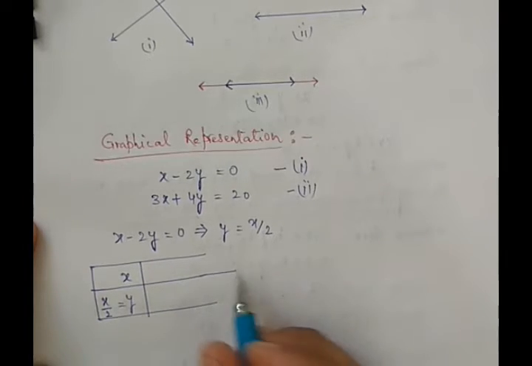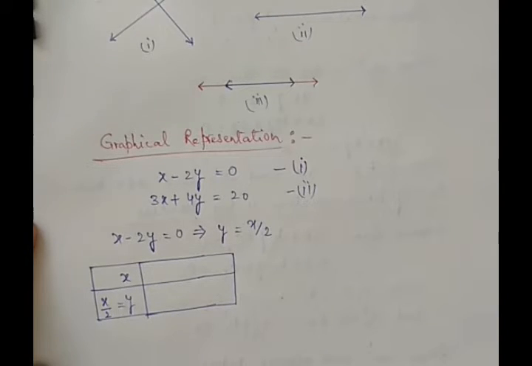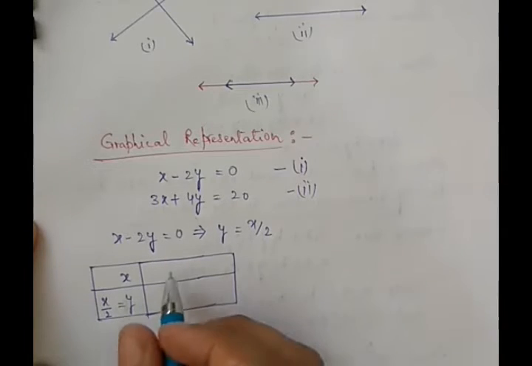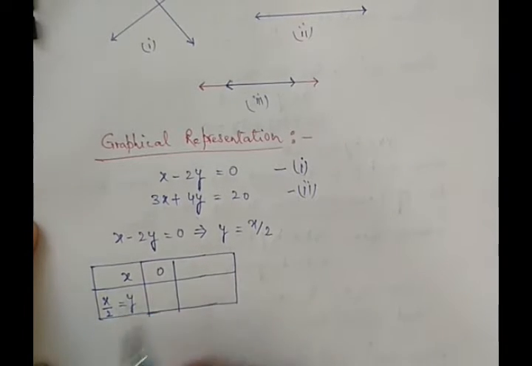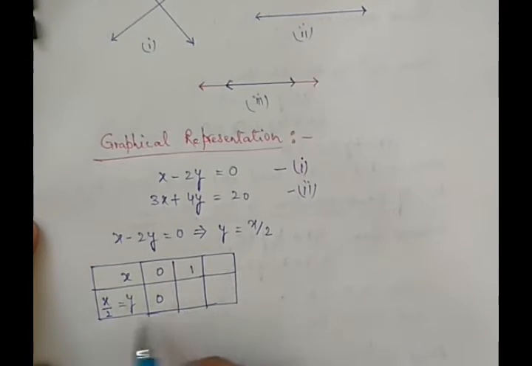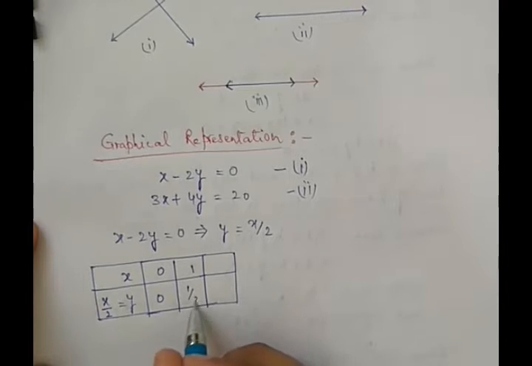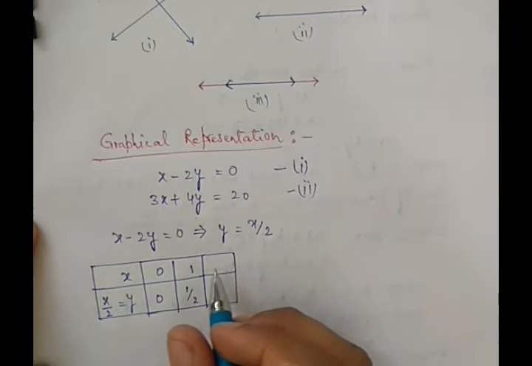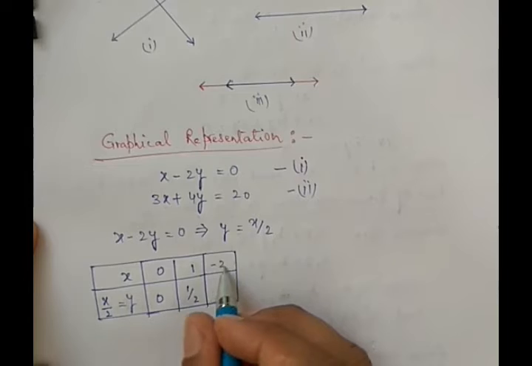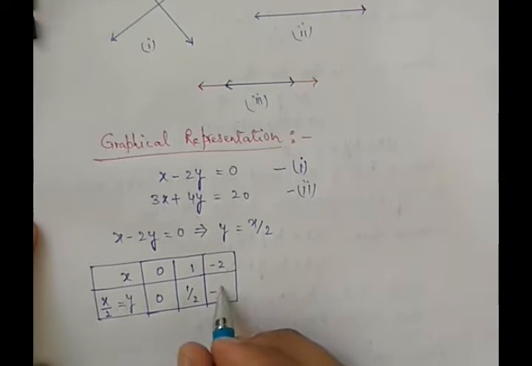We know that if x is independent, so y will change according to the x. First, if we take x is equal to 0, y will come out as 0. If we take x is equal to 1, y will come out as 1 by 2. If we take x is equal to minus 2, y will be minus 1.